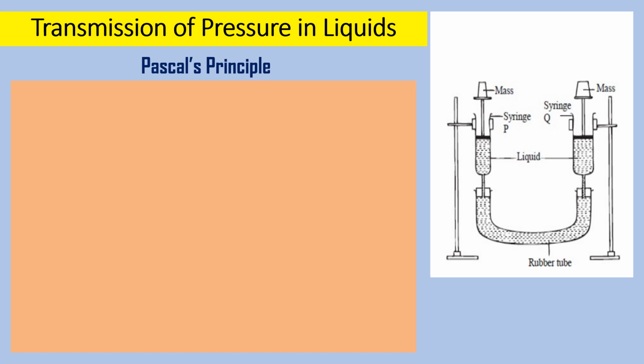So if we set up our apparatus like this, and we assume that we are using two syringes, P and Q, and two masses, so that they provide different amounts of force, we expect that if we place the first mass on syringe P, then the liquid in syringe P will go down by a certain height, and the same amount of liquid which goes down into the rubber tube is again transmitted up into syringe Q.